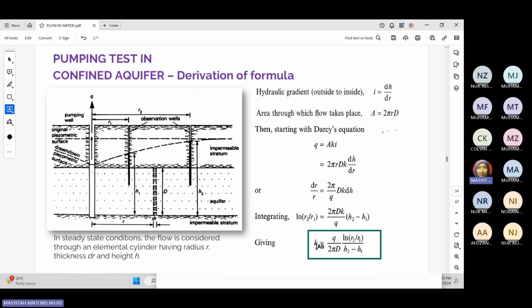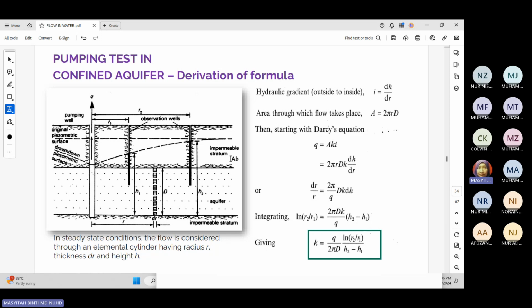This one we call it as a coefficient of permeability for confined aquifer. So in the steady state conditions, the flow is considered through an elemental cylinder having radius R, which the thickness TR and height H. So all these informations are helpful untuk you derive the equation lah.